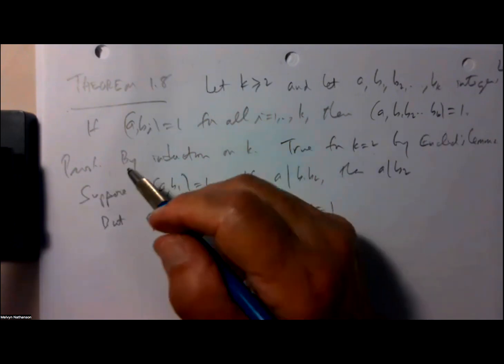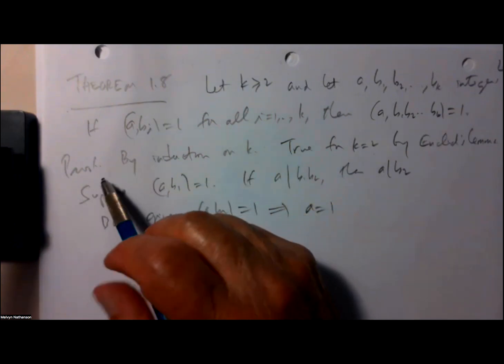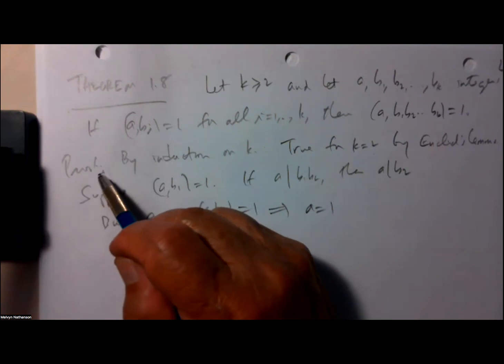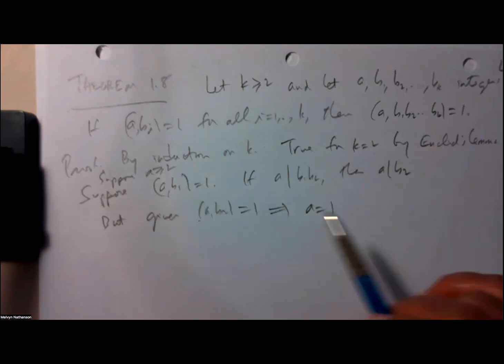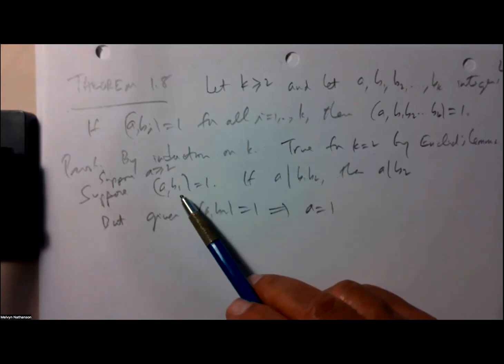So suppose, to make this a little more clear, we're not in the trivial case, and A is greater than or equal to 2. So A is relatively prime to B1, that's given.